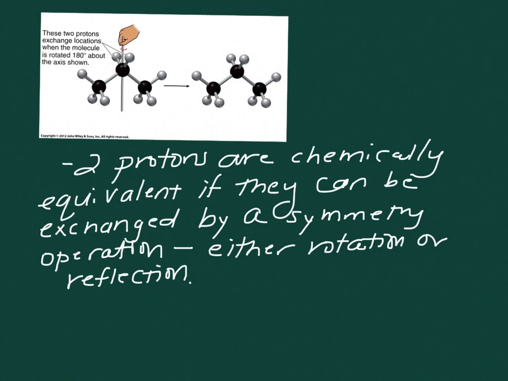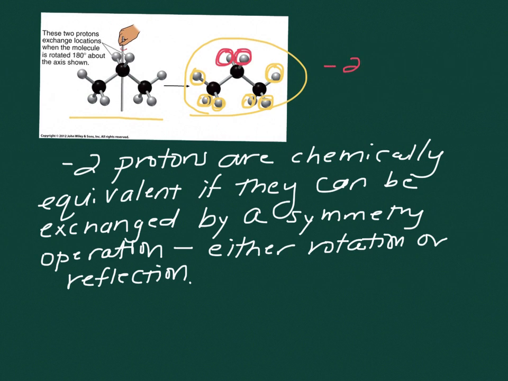Let's take the example of propane that was in your book. If you have propane, you close your eyes and you rotate it 180 degrees. The molecule looks exactly the same as it did. So the hydrogens that are circled in yellow are equivalent, and the hydrogens that are circled in red are equivalent.